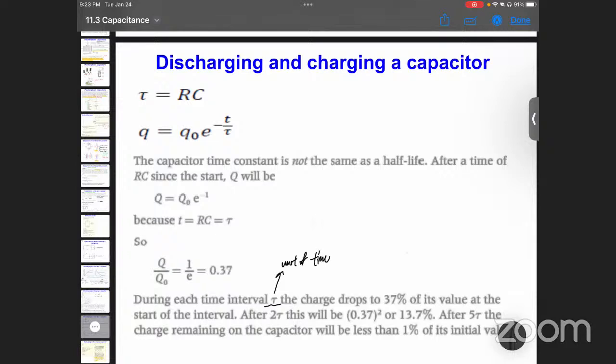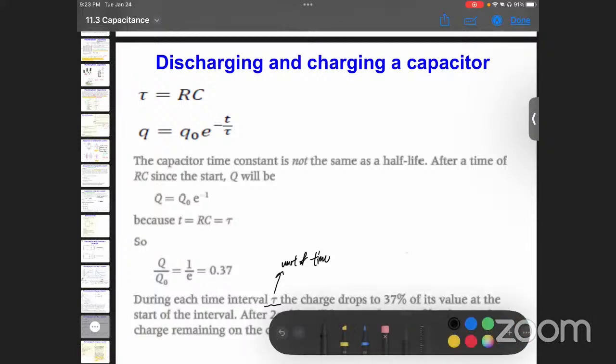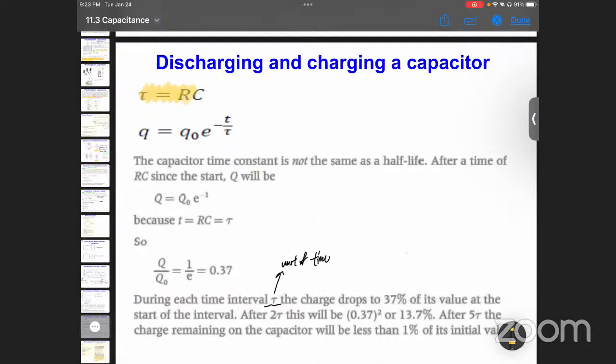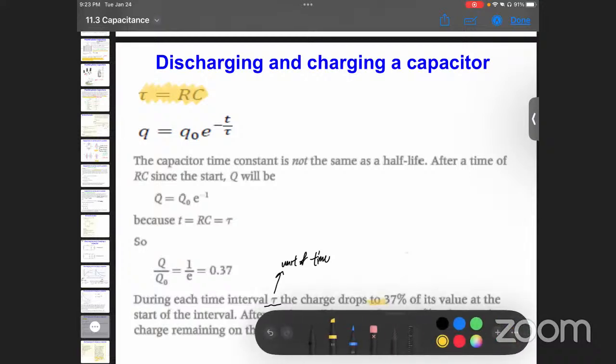It's very weird why R times C is time. So he says that at 1 tau, the charge will drop to 37%. Let's clarify: is this dropping 37% or dropping to 37%? Drop to. So this is a lot of drop, correct? We are reducing it by 63%, something like that. Make sense?